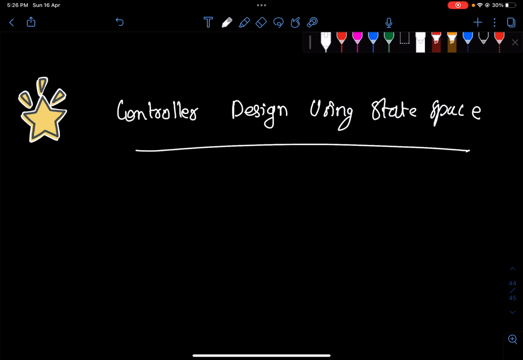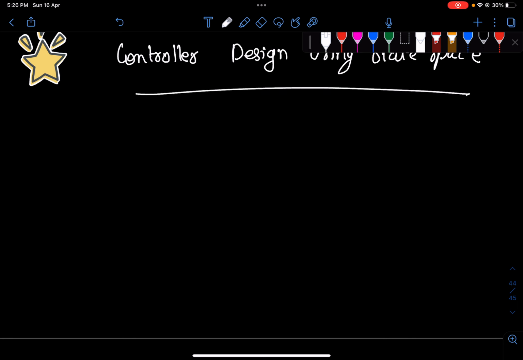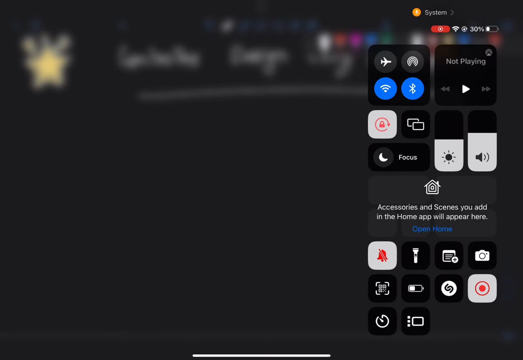No, one more thing is there. After that, steady state error, controller equation using state space. After that, two more concepts are there. First of all, we'll cover controller design using state space, do two problems, and after that we'll move on with whatever concepts we are having. So, can we proceed? Yes.